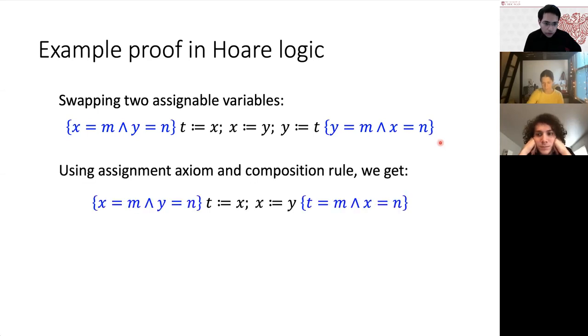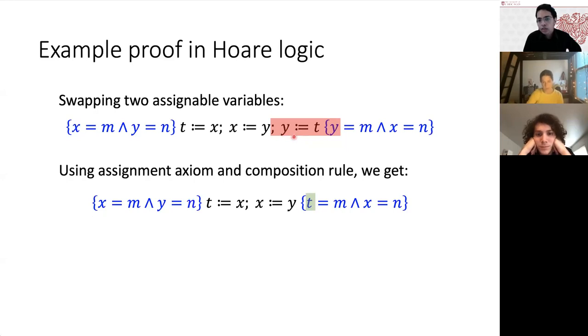So what we can do is use the assignment axiom and the composition rule that we saw in the previous slide to proceed in the backward direction. Notice that we have only two commands remaining here. So what has happened is this change. We look at this last command using the composition rule.